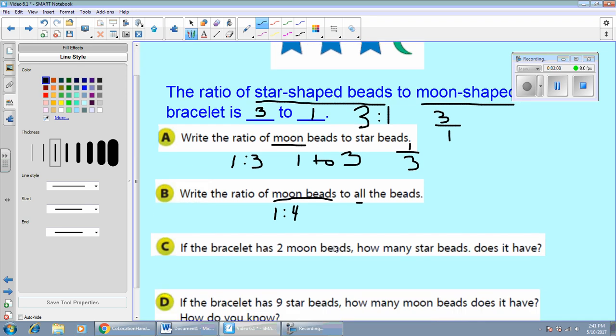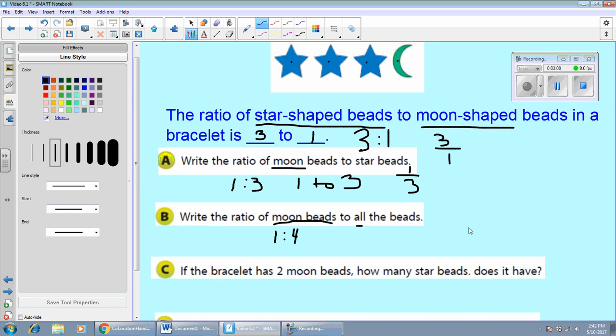And then in C, we have: if the bracelet has 2 moon beads, how many star beads does it have? Well, wait a minute. I tend to think of ratios as rules. And the rule here is that for every 1 moon bead, there are going to be 3 blue stars. So if we add a second moon, how many stars do we have to add? Another 3. So if there are 2 moons on the bracelet, how many stars?